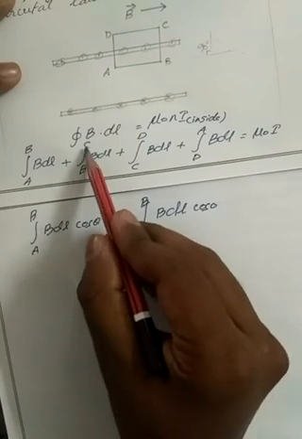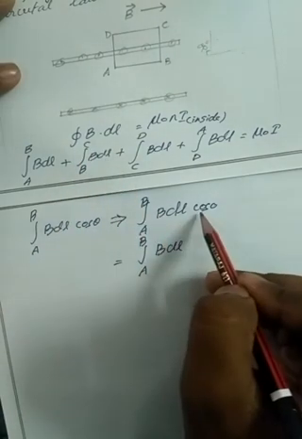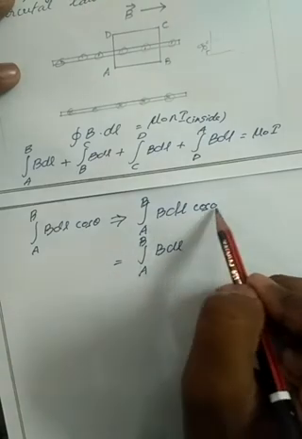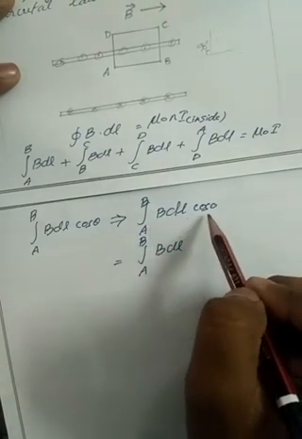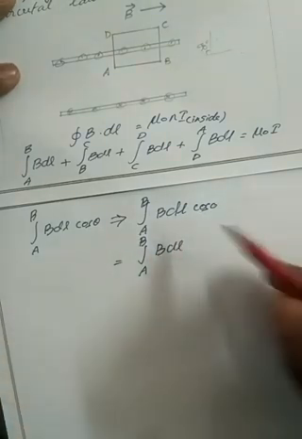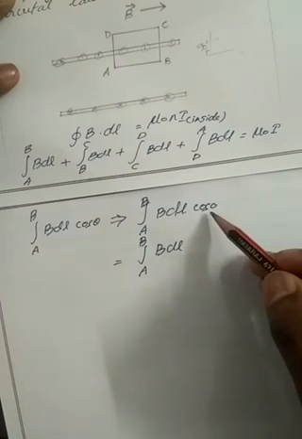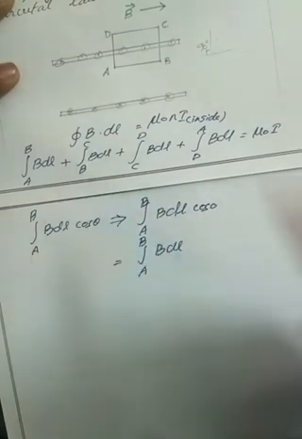So for B to C, I have B dl cos 90. If I put cos 90, it will be equal to 0. So I get 0 magnetic field for B to C.